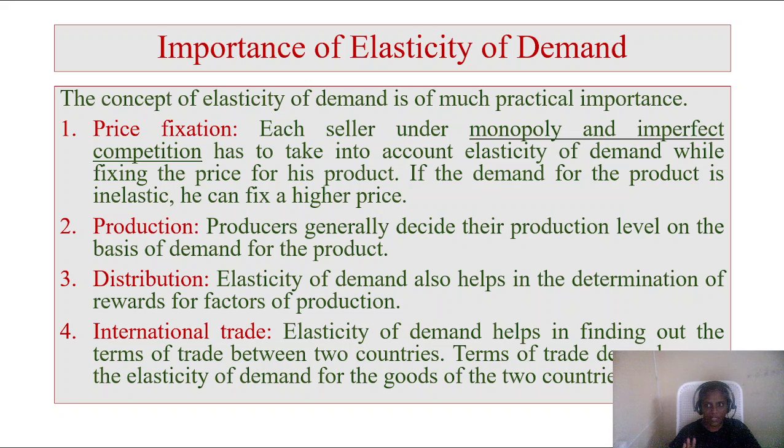Among them, they fix the prices for the commodity, and they take the elasticity of demand into account while fixing the price. If they find that the demand is very high, they increase the price for the commodity.